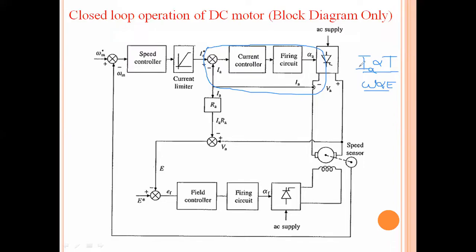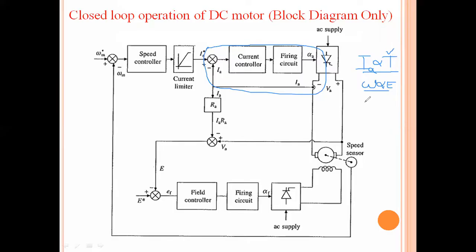So if we want to change the torque, then definitely we can change the current, or we can say like this also, if the armature current is changed, then the torque produced by the particular motor will also be changed, because torque and current both are interrelated.